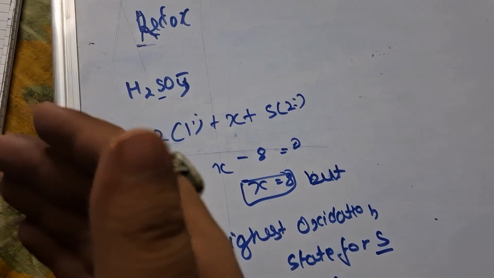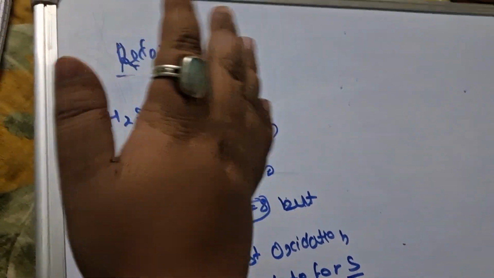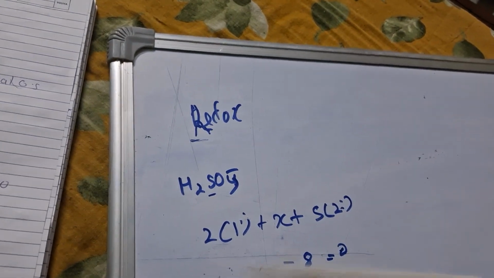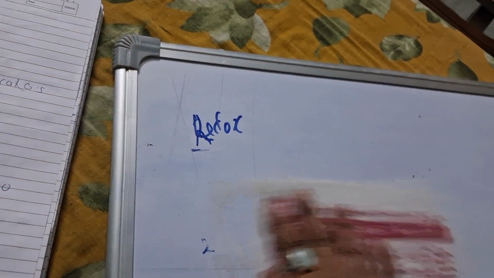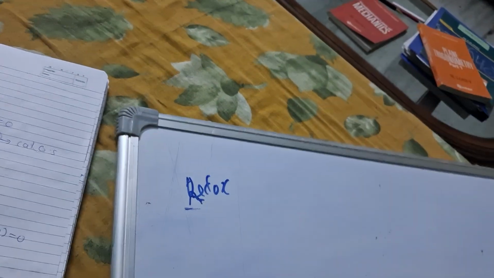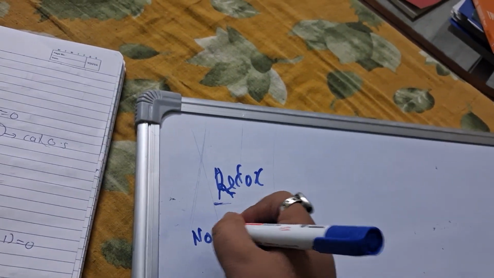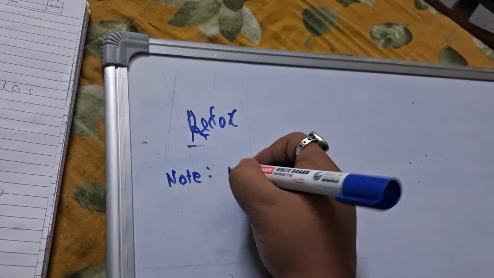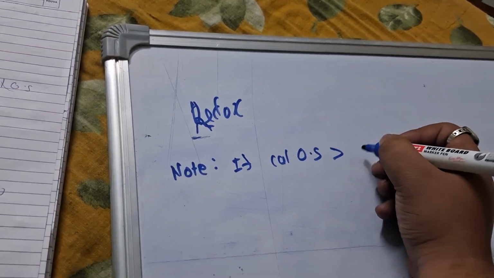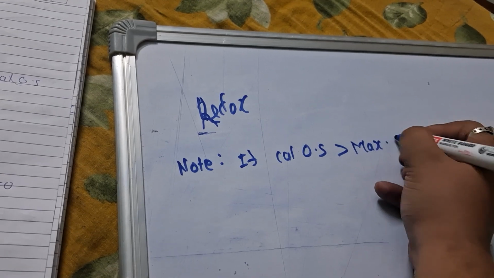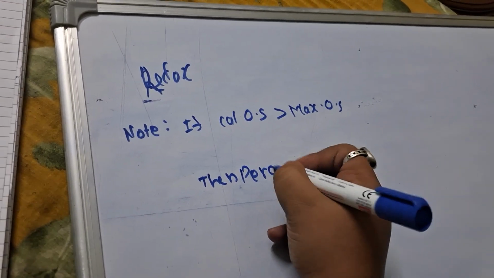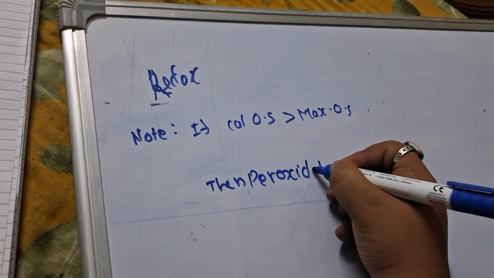Now, if this happens, which in most cases you won't have happen, but if this happens, let's write down a note. So, first note: if the calculated oxidation state is greater than the maximum oxidation state, then peroxide bonds are formed.